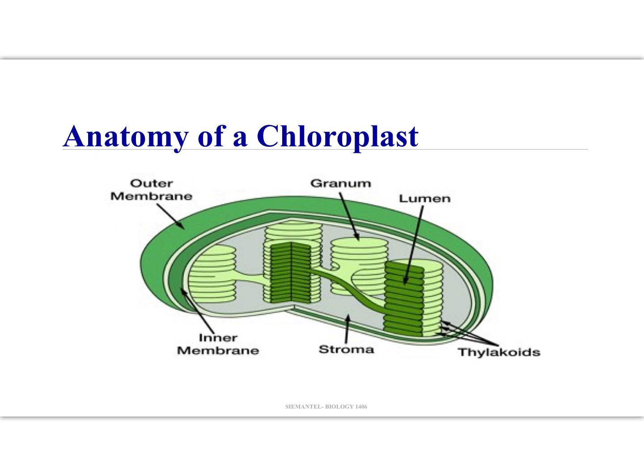We have an outer membrane and an inner membrane, but that inner membrane and outer membrane look very similar to each other. The liquid inside the chloroplast is known as the stroma, and then we have these stacks. So what exactly are these stacks? The individual disc, just one single disc, is known as a thylakoid.